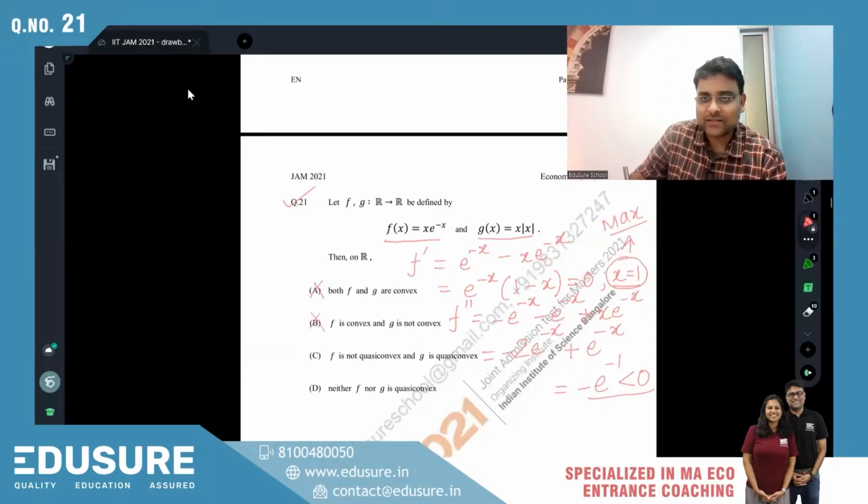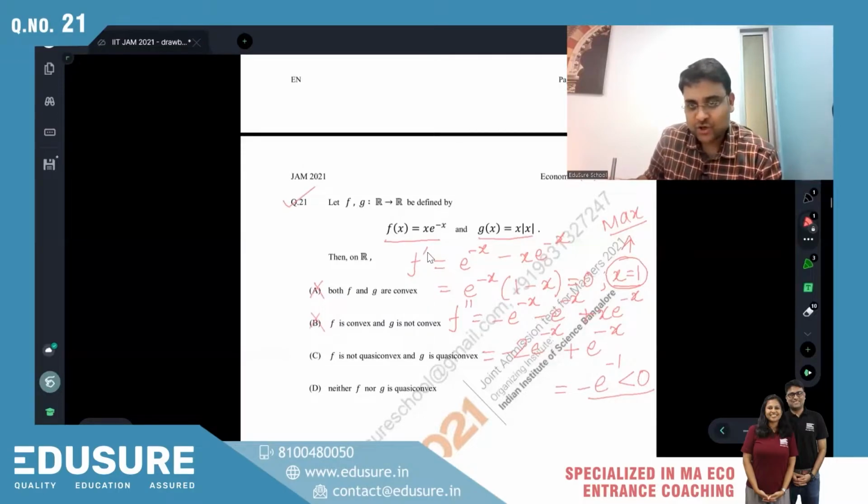Let's try and understand what kind of framework I will have here. Obviously, f' will be positive when x is below 1, and f' will be negative when x is greater than 1.